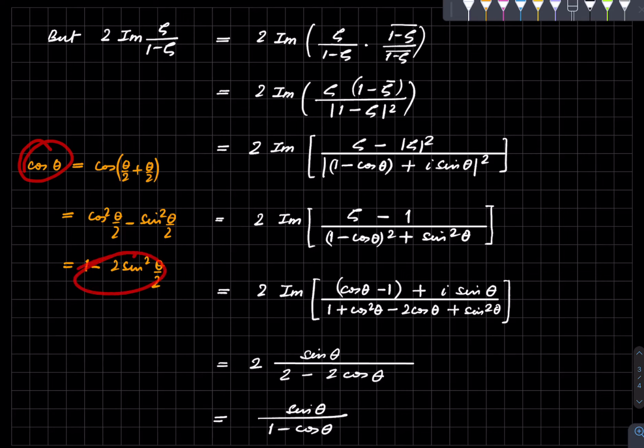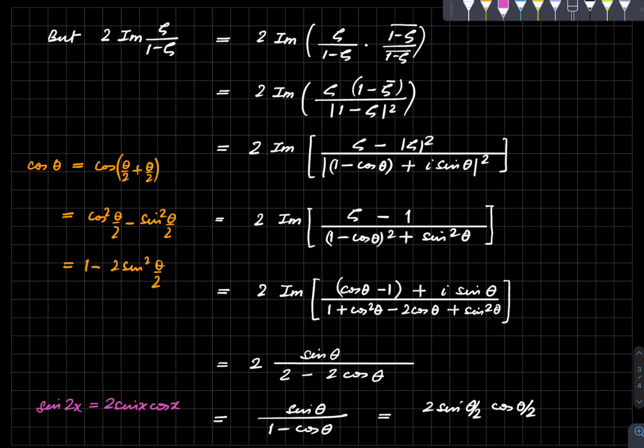Cos theta is equal to that. All right. So the numerator is 2 sine theta by 2 cos theta by 2. This one I always remember. All we have used here is that sine 2x is 2 sine x cos x. That's what we used to write sine theta as that.